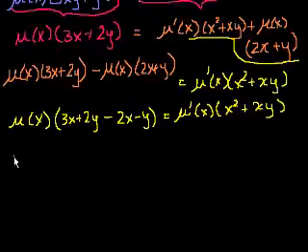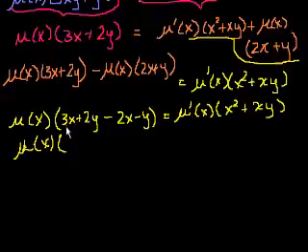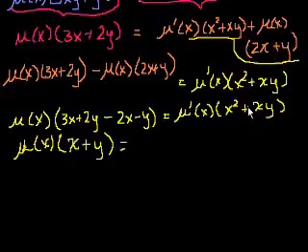Now we could simplify this. We get mu of x times, 3x minus 2x is x, 2y minus y, so x plus y, is equal to mu prime of x.